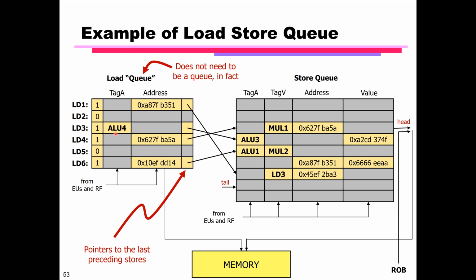So it's a normal reservation station, but with something more, which is to say what are, in the order, because the store queue is in order, what are all the stores that were before me? What are all the stores that preceded in program order, in the original order in the program, this load? And why is that?